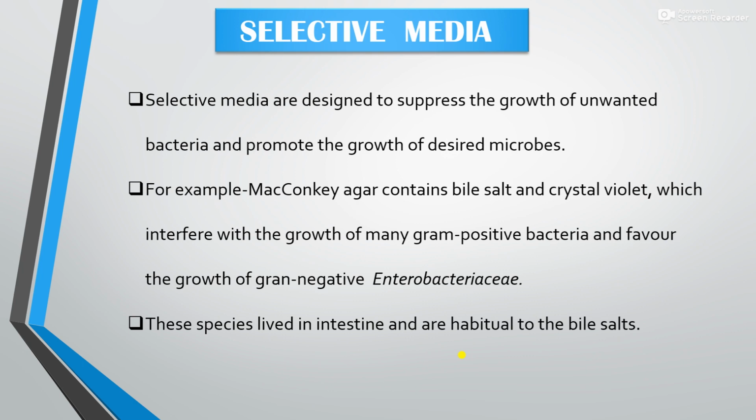For example, MacConkey media is used for the specific growth of the Enterobacteriaceae family, because since they habitually live in the intestinal tract of mammals, they are adapted to bile salt conditions, but the other undesired microorganisms are not habituated to bile salt conditions. Actually, MacConkey media contains a fairly good amount of bile salts, which suppress the growth of the undesired microorganisms.